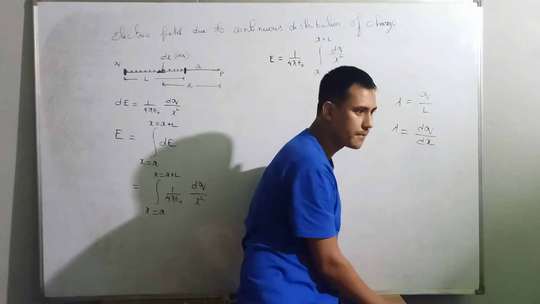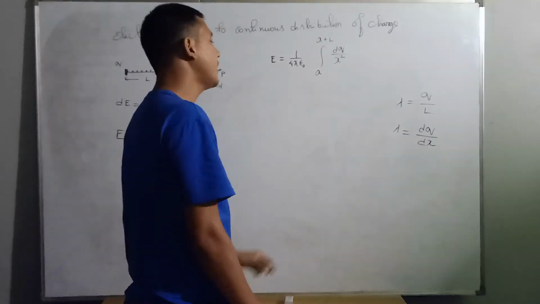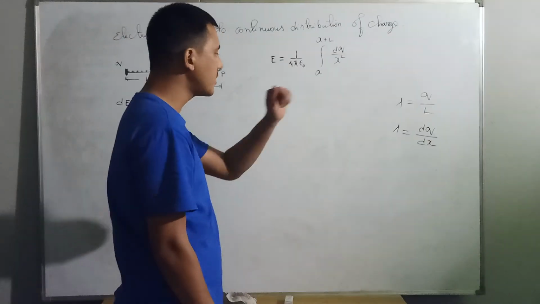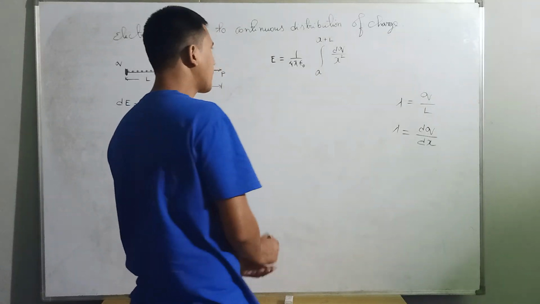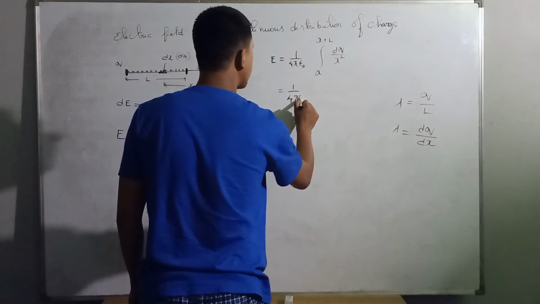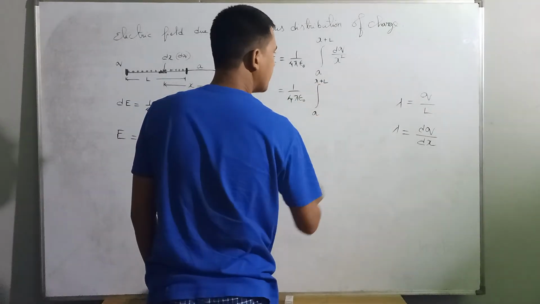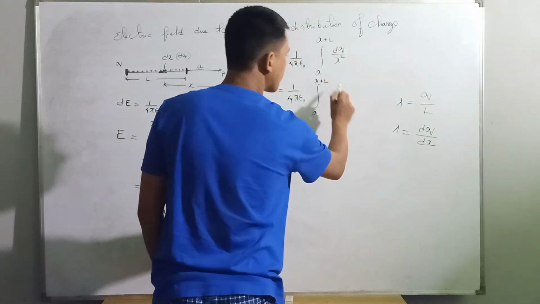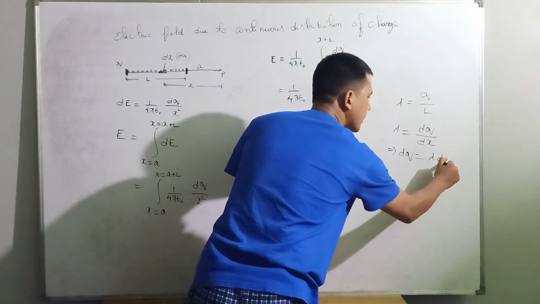So E will be 1 by 4 pi epsilon naught, A to A plus L, and here dq will be equal to lambda dx.